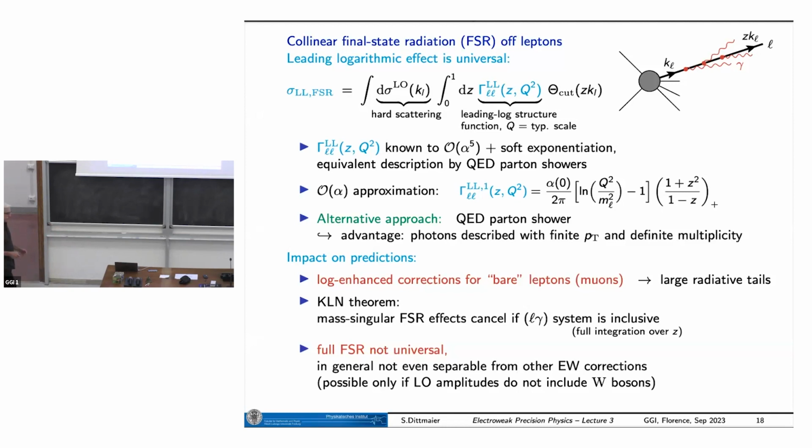And this is just the KLN theorem at work, which means that in this case, if you integrate over all possible ways the lepton is emitting a truly collinear photon, then the variable z is controlling the energy fraction that is left in the lepton.